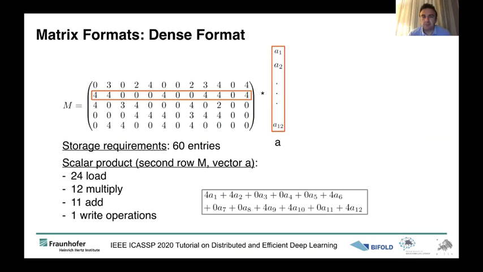And then if you want to compute, for example, a scalar product between a row in this matrix and some vector, you need to load all these numbers, multiply and add up, and write the result.